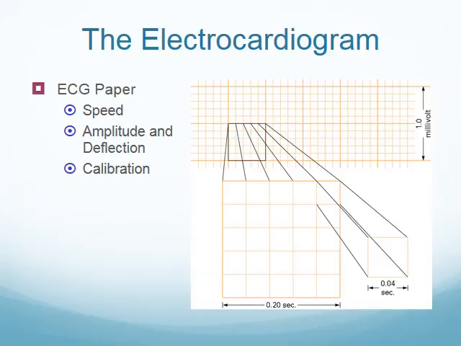Each small box is representative of 0.04 seconds moving sideways, or 0.1 millivolts moving vertically. A big box is 5 of the small boxes, so it's equal to 0.2 seconds, or 0.5 millivolts.